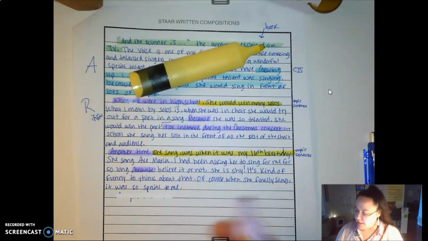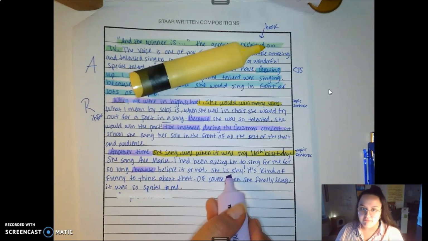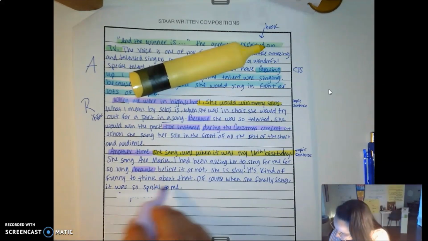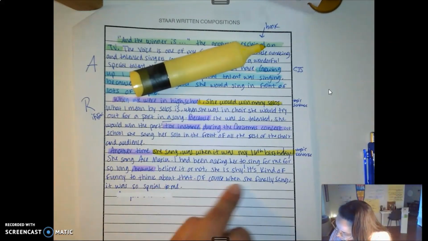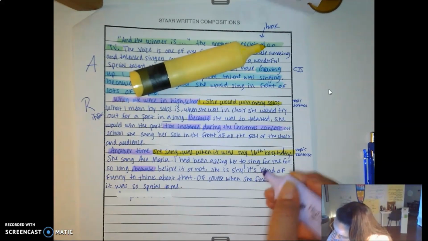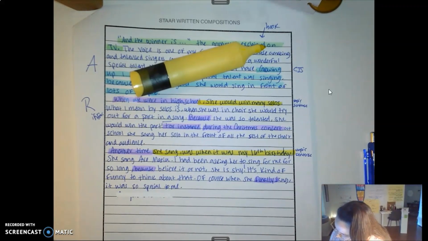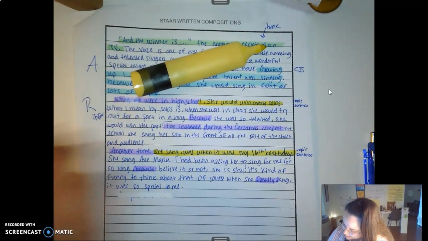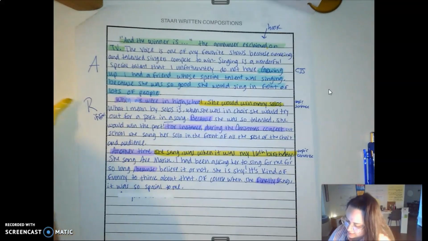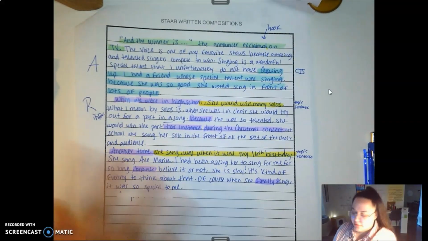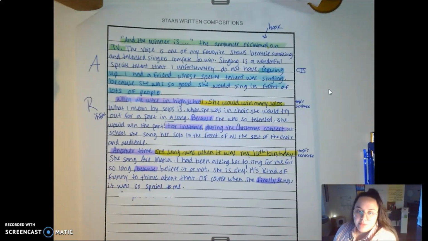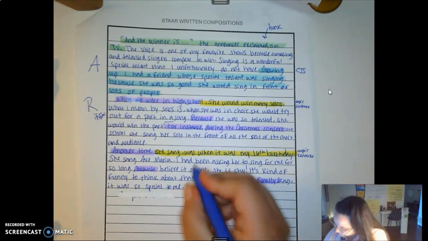And what was that piece of information? That she's shy, right? It's kind of funny to think about that. Of course, when she finally sang, there's another one, finally, it was so special to me. And that's a little bit of a sensory detail. It was special to me. Maybe I could have even said, it was so special to me that it brought a tear to my eye. I like that.